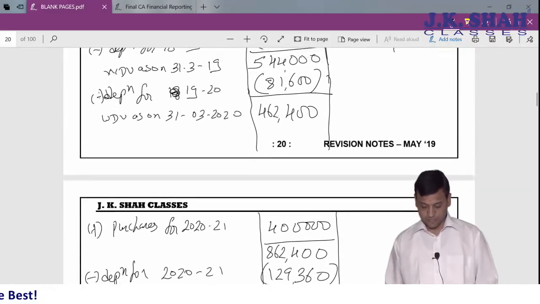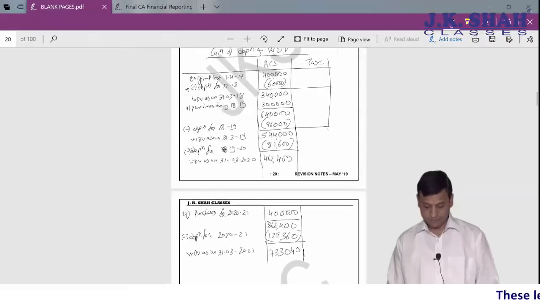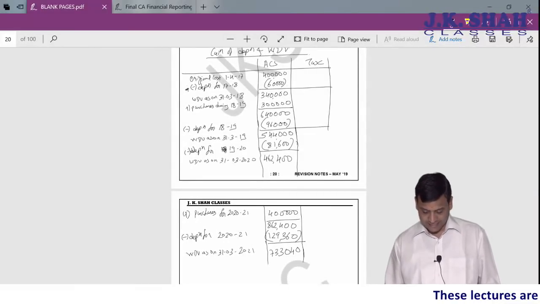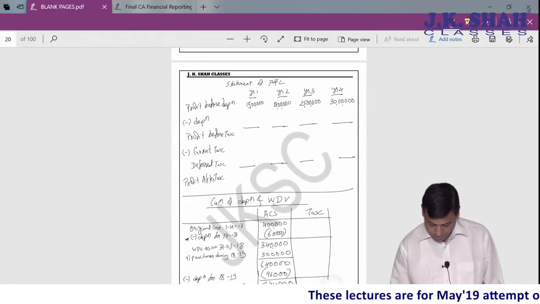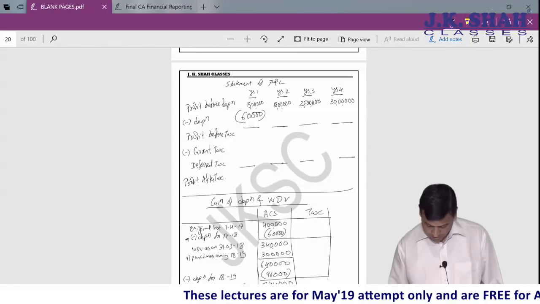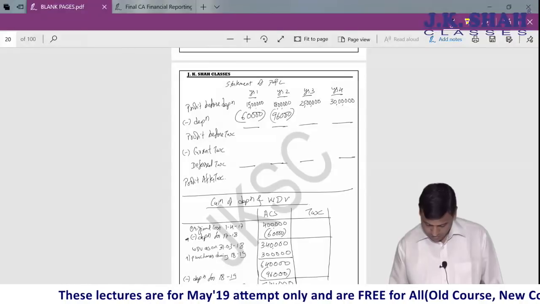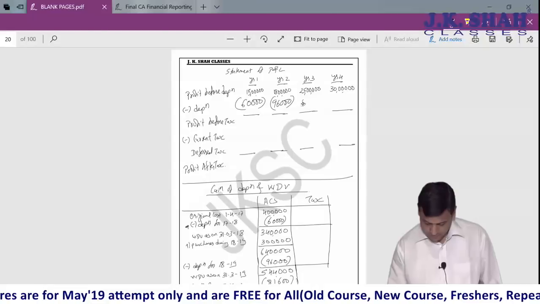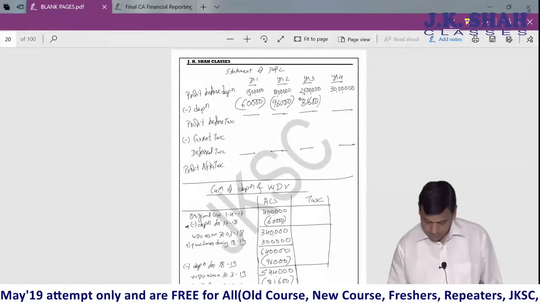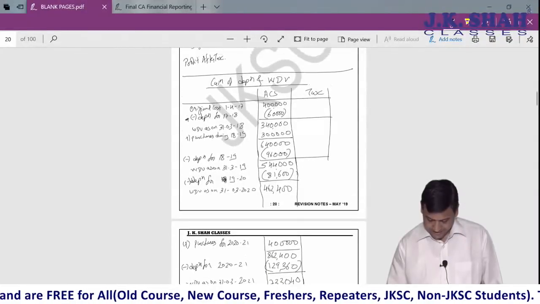Okay, so you have depreciation for all these years as per books of accounts. This is your amount of depreciation: 60,000, 96,000, 81,600 and 129,360.